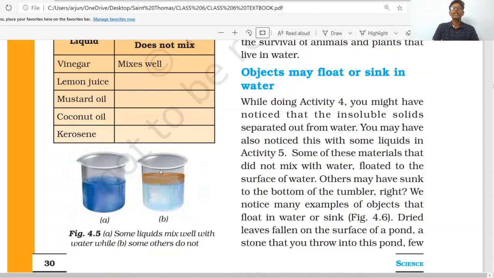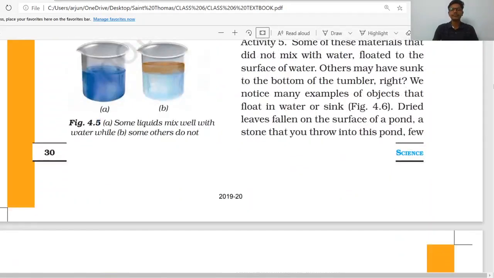So we can say that coconut oil floats over the water. Some of these materials that did not mix with the water floated to the surface of water. Others may have sunk to the bottom of the tumbler. If we keep chalk powder in the water for a while, then the particles will settle down at the bottom of the tumbler.